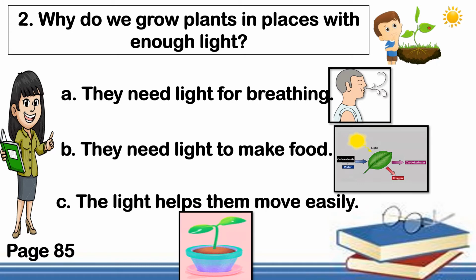And letter C. The light helps them to move easily. Which one is correct? Letter A, they need light for breathing. They need light to make food. Or the light helps them to move easily.